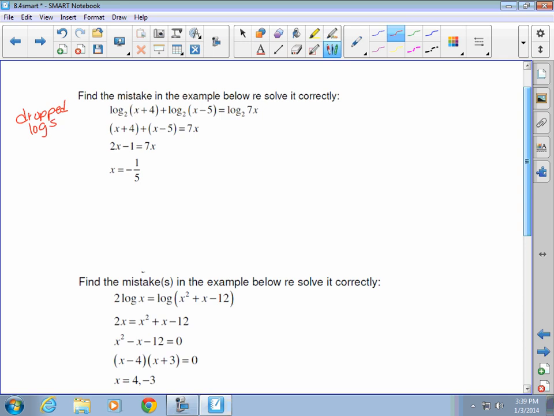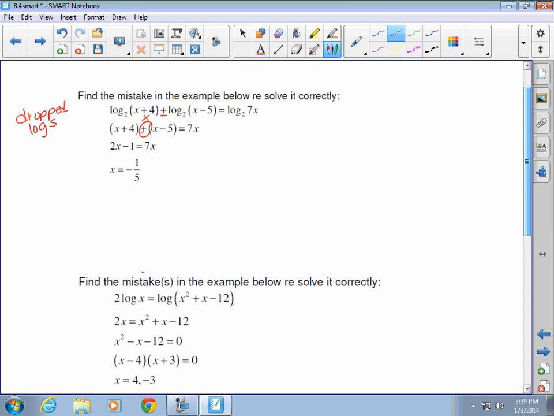You can't drop the logs before you simplify. And when they did simplify, they didn't simplify correctly either, because they took this plus and left it as a plus. But if you are adding and your logs are the same, that means you should have been multiplying there.